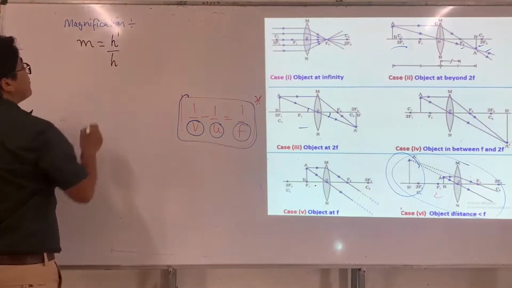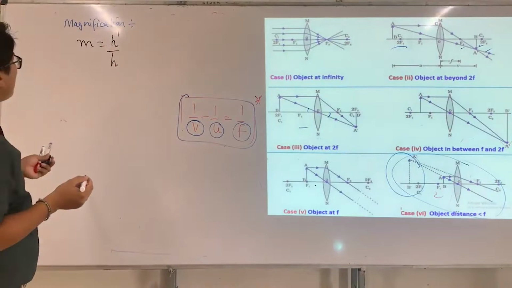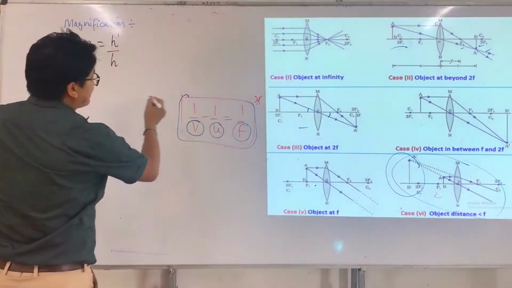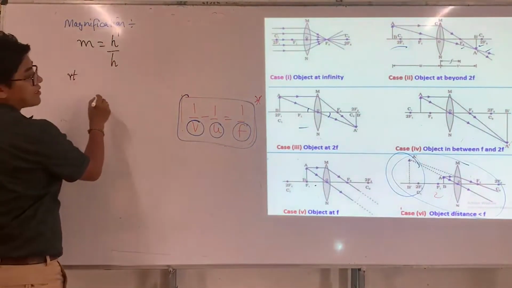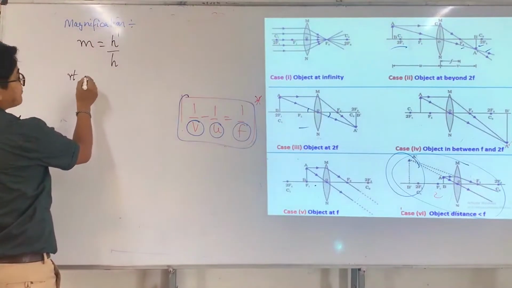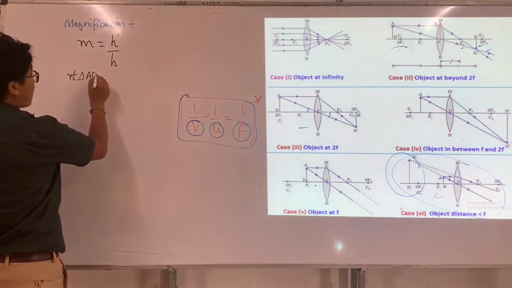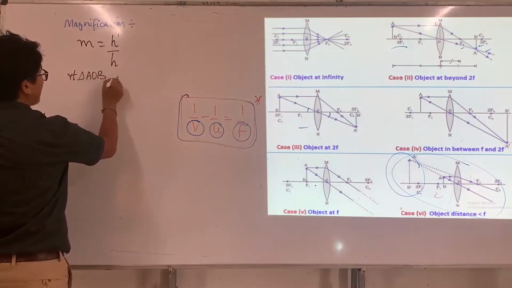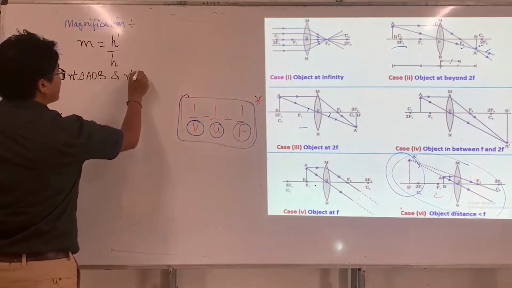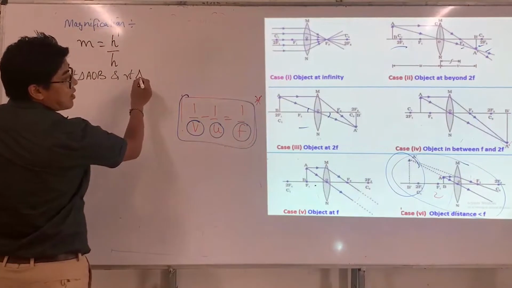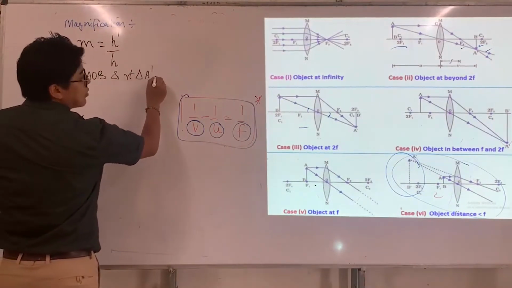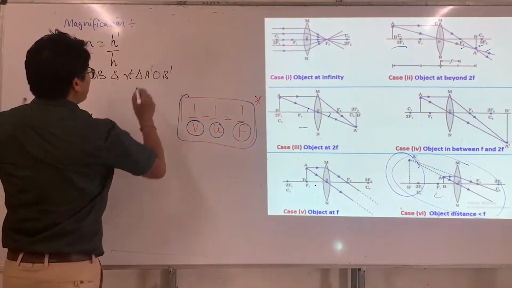This is magnification. Now I take the two right triangles: right triangle A, O, B, and right triangle A prime, O, B prime.